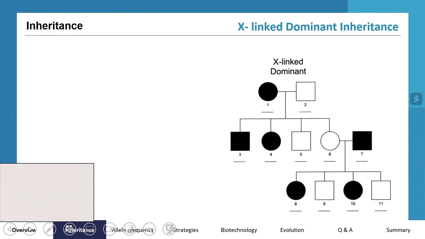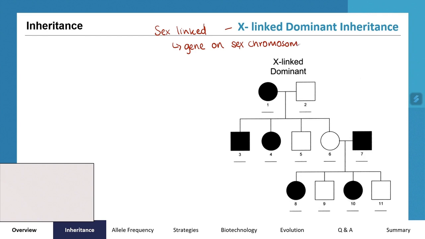Now that we've talked about autosomal dominant inheritance, we're going to talk about sex-linked inheritance. This is basically where the gene is on the sex chromosome instead of on a non-sex chromosome. So X-linked inheritance, because every person is born with at least one X chromosome, affects everyone.